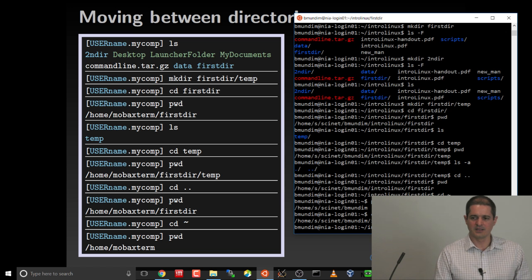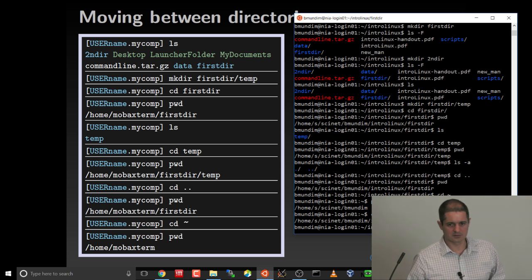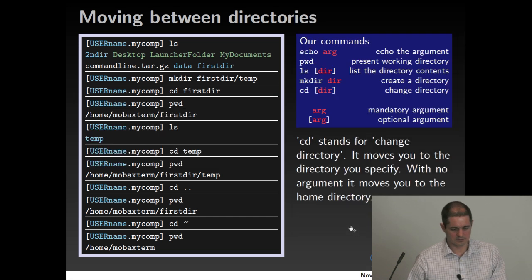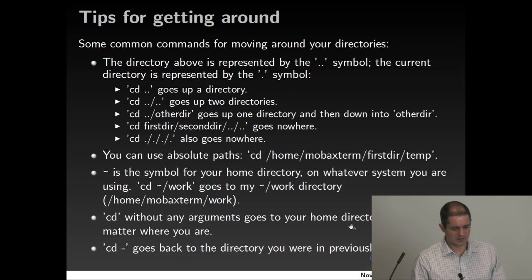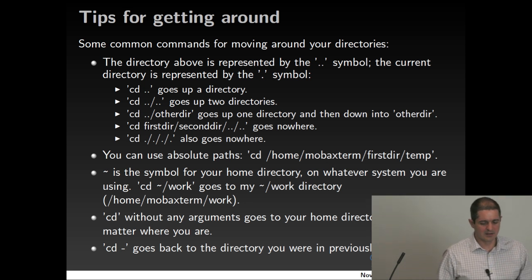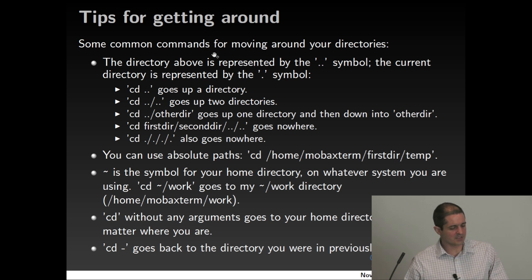Okay? Is it clear how we move around this hierarchy of files and directories? So some tips to move around. As I mentioned, the dot dot symbol represents the parent directory, the directory up one level in the tree. And the dot represents the current directory. So if you do cd .., it goes up one directory.